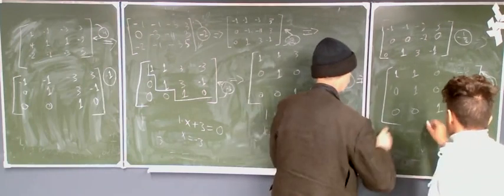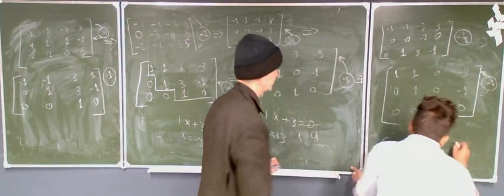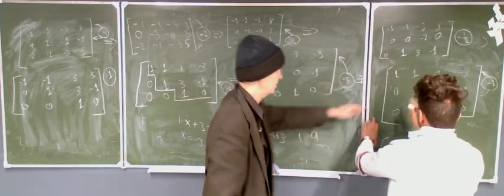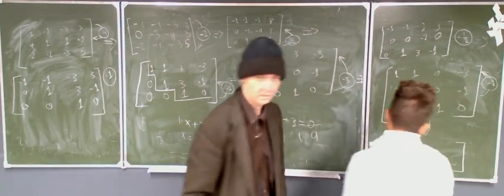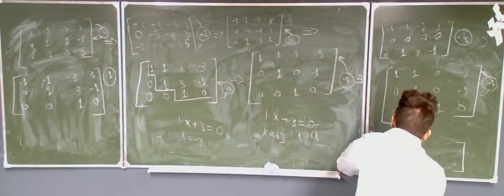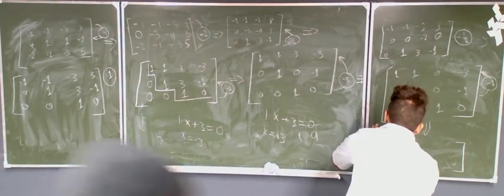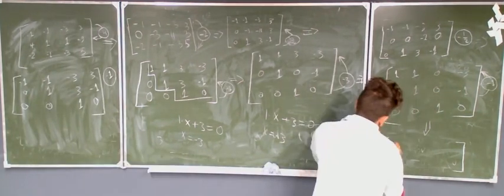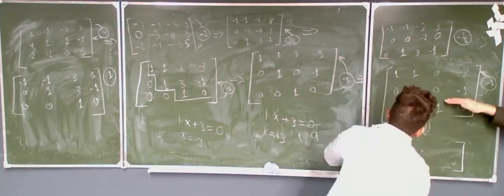Then, draw. This one is not changed, and this one is not changed. So, last two rows are unchanged. No, just copy these two lines. Okay, 0.